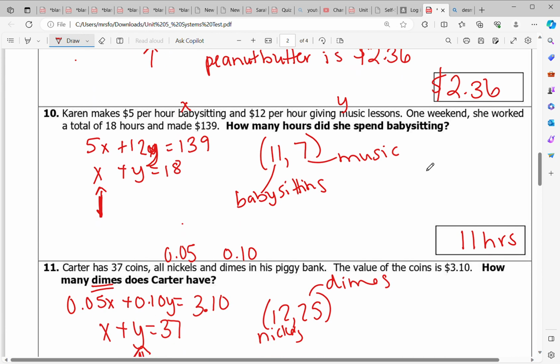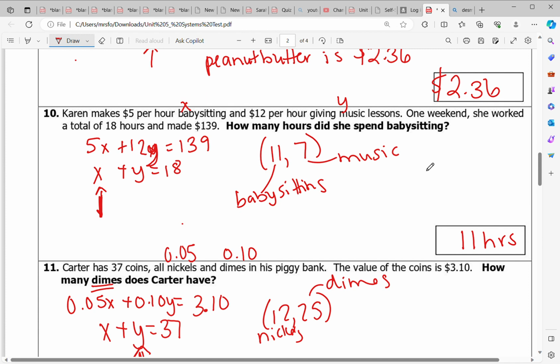And number 10, Karen made $5 an hour babysitting and $12 an hour giving music lessons. So babysitting was X, music lessons were Y. 5x plus 12y equals 139, and then the total number of hours was 18.